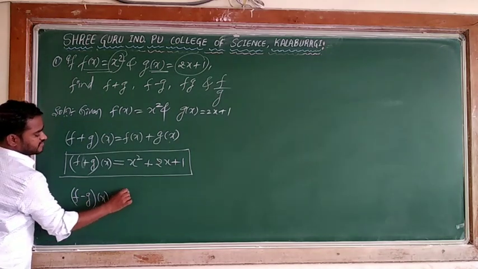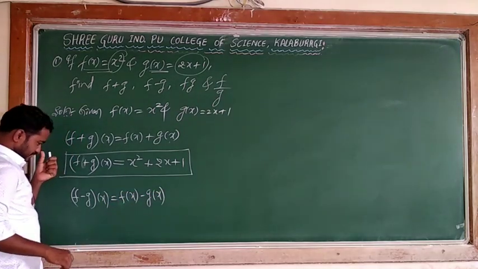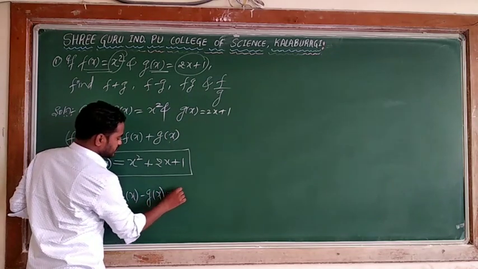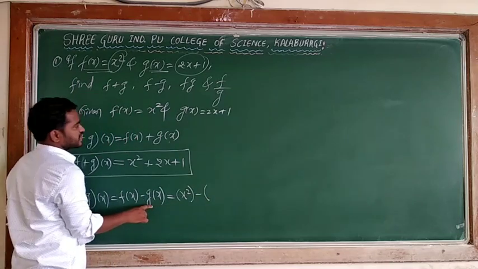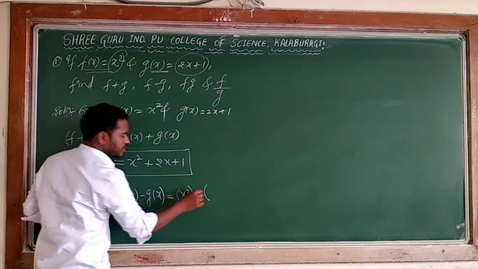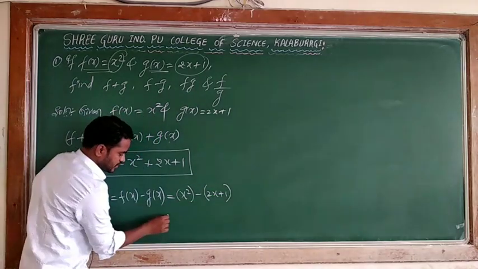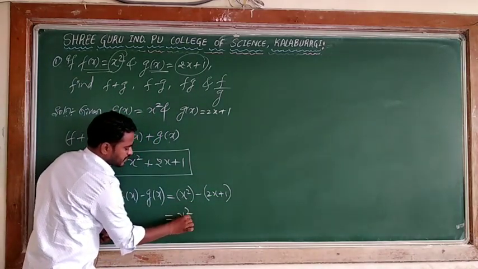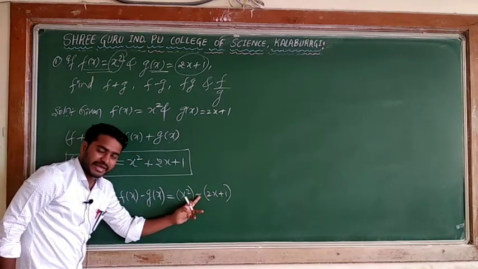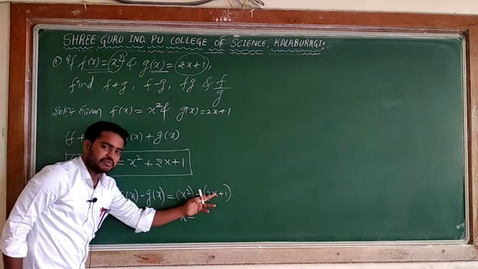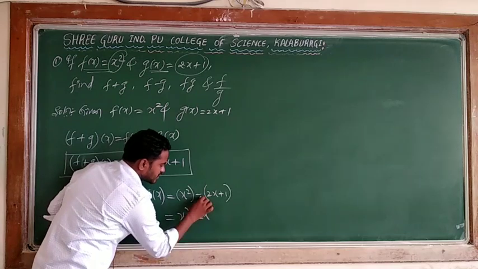Now subtraction. I will take f minus g of x, that is f of x minus g of x. f of x is x square minus, what is g of x? g of x is 2x plus 1, so take a bracket. Whenever it is minus, it is better to take a bracket. So x square minus 2x, minus 1. When the bracket is opened, I apply the minus inside: minus into plus is minus 2x, and minus into plus 1 is minus 1.